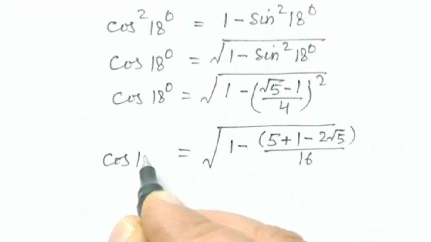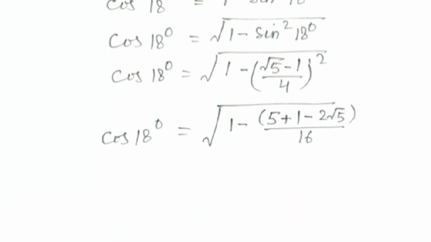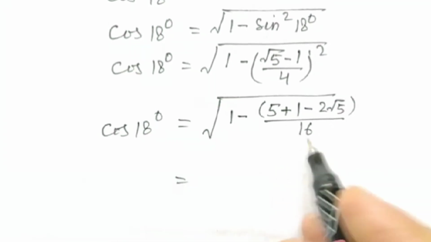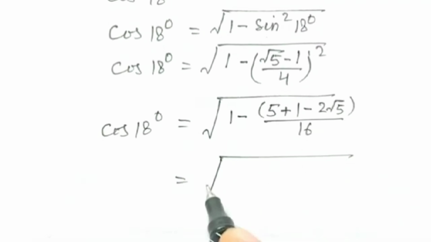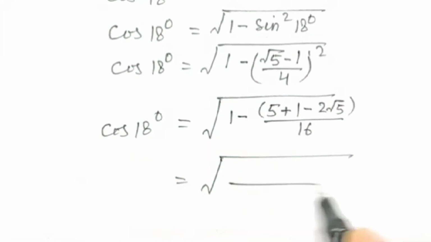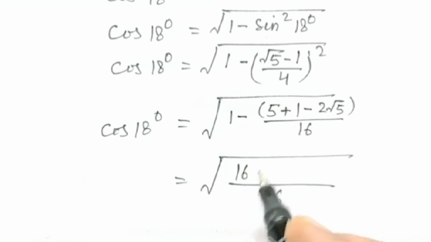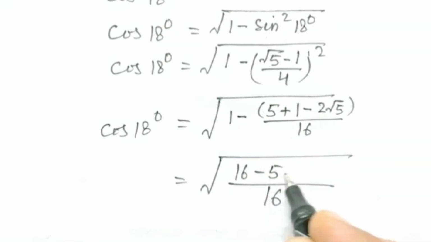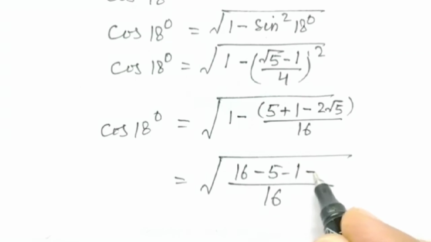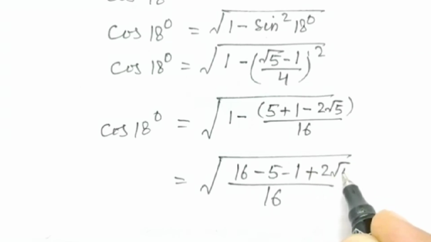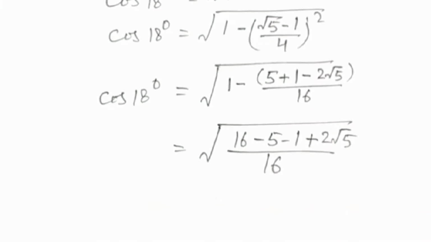So cos 18 degree, square root of, 16 as LCM, so 16 minus, if we open the bracket, minus 5 minus 1 plus 2 square root of 5, right?